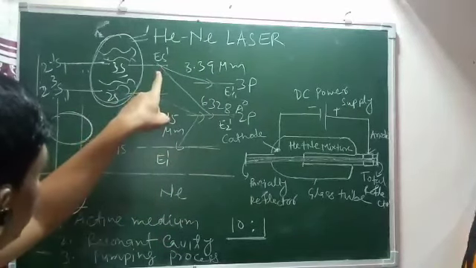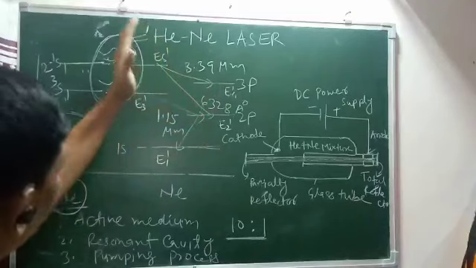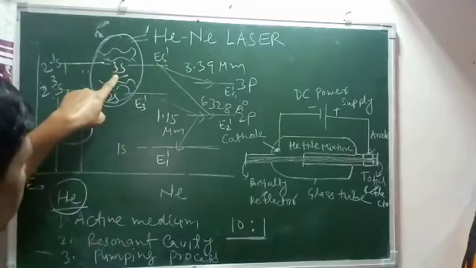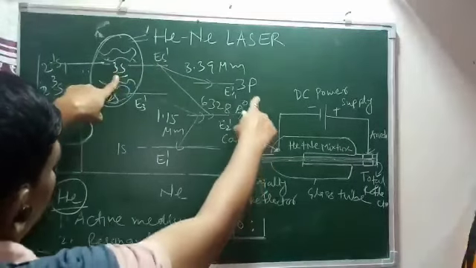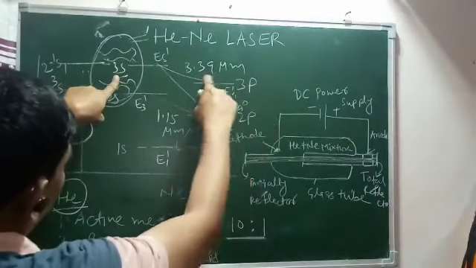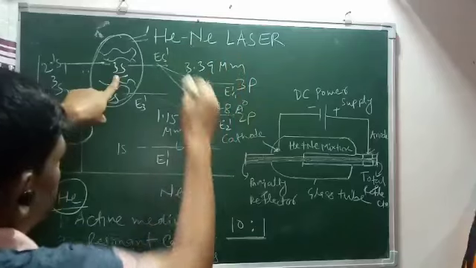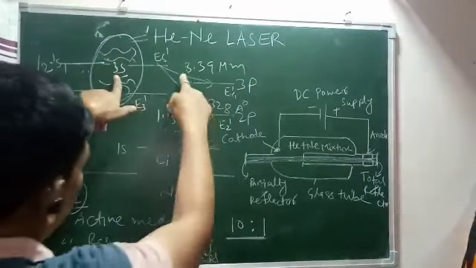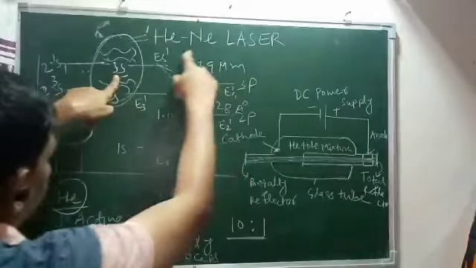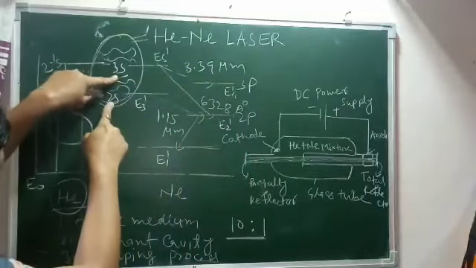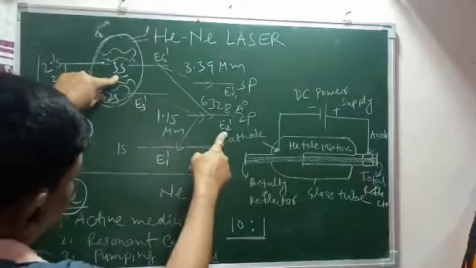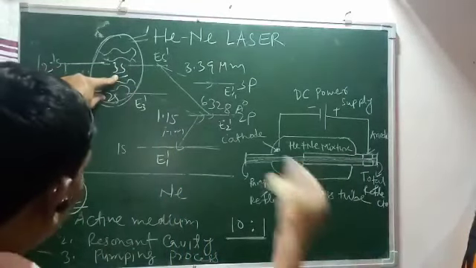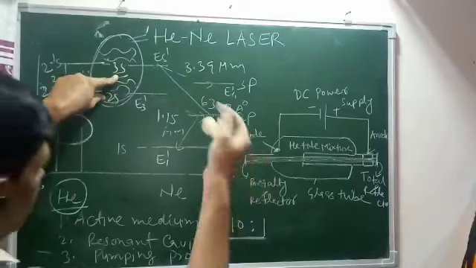Now here we can see that from the level 3s to 3p, 3.39 micrometer radiation emits from the system, which corresponds to the infrared region, and also from 2s to 2p, 1.15 micrometer radiation emits, which also corresponds to the infrared region.